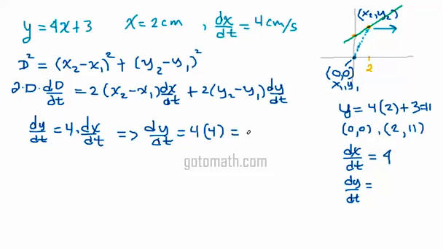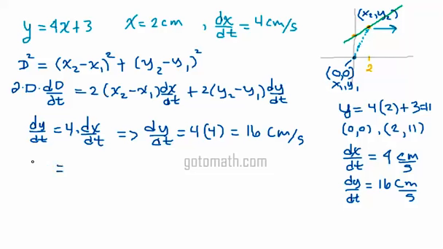So as you can see here, dy over dt is 16. Now remember, this is centimeters per second, so we don't want to leave that off. And of course, these numbers are in centimeters. All right, well, we've got everything we need now that we can plug into this right here.